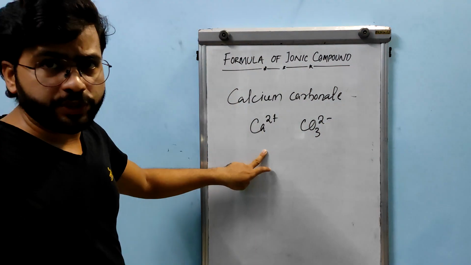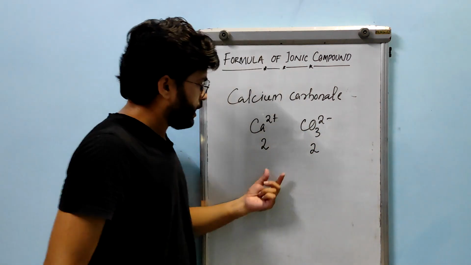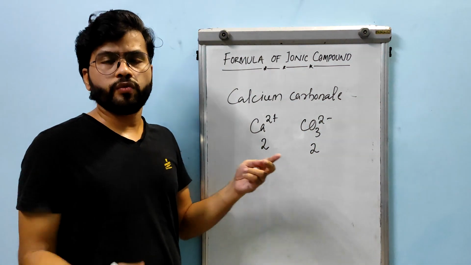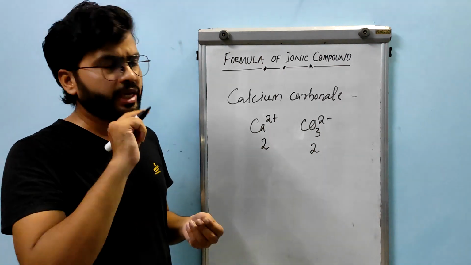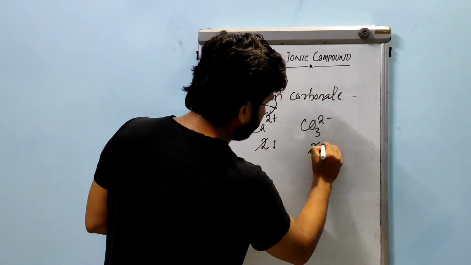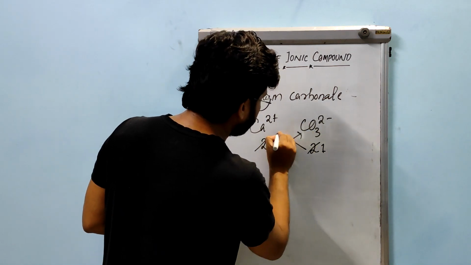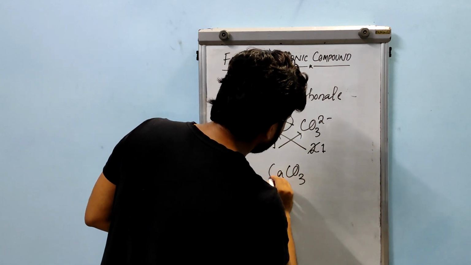Here the magnitude of charge is 2, and here it is also 2. That means both are the same. So we can reduce them, as 2 is the common factor between them. So 2 and 2 will reduce to 1 and 1. After that we will crisscross them. So the formula will become CaCO3.